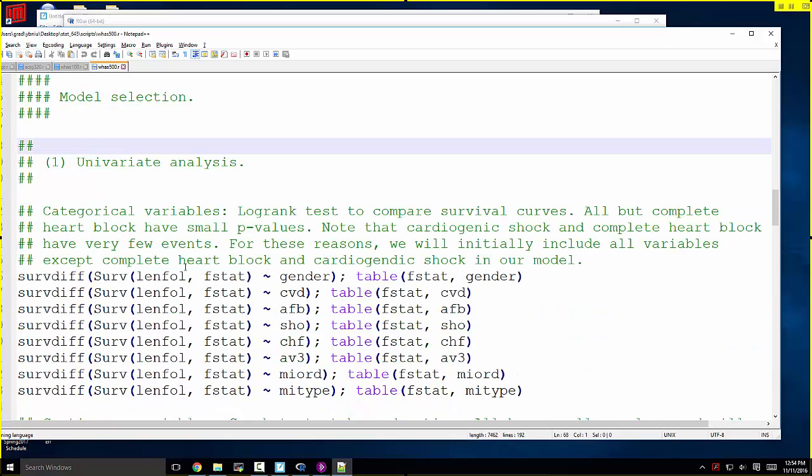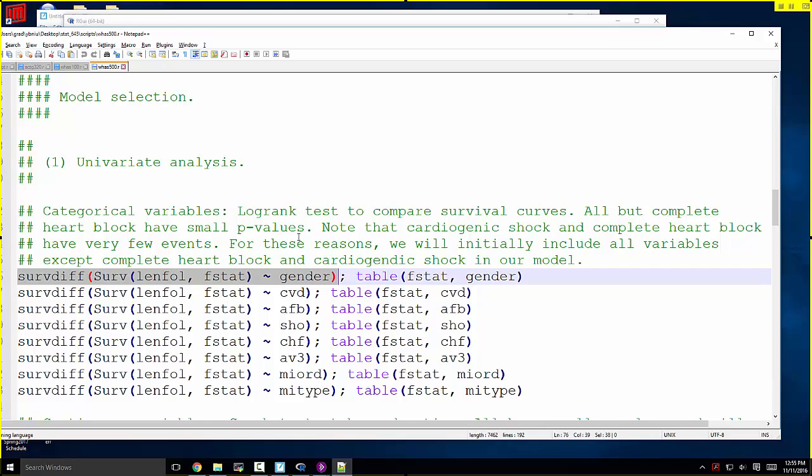So in the survival case, it's a little bit harder to make pictures because we don't just have a continuous response variable. Now we have this event time and survival probability that goes with it. What we can do is, for the categorical variables like gender, CVD, cardiovascular disease, AFB, atrial fibrillation, and so on, fit a survival curve, one of our tools for working with survival data.